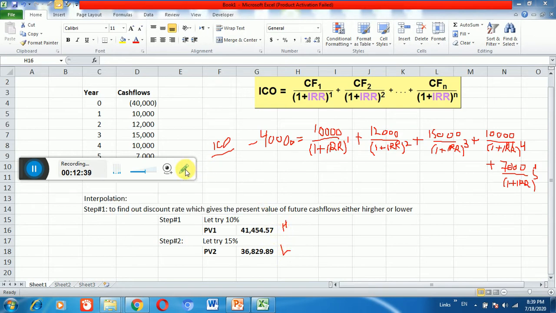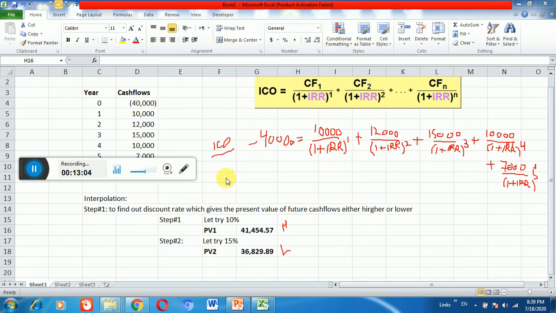Now dear students, we achieved our goal. And what was the goal? You should try one interest rate or discount rate which gives you the present value computed higher than the initial cash outflow, and then you have to try another rate which gives you a present value computed lower than this.